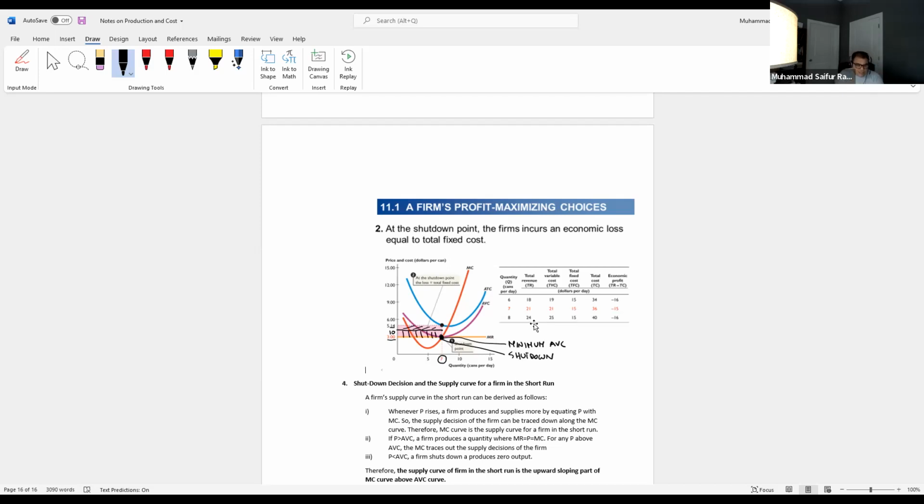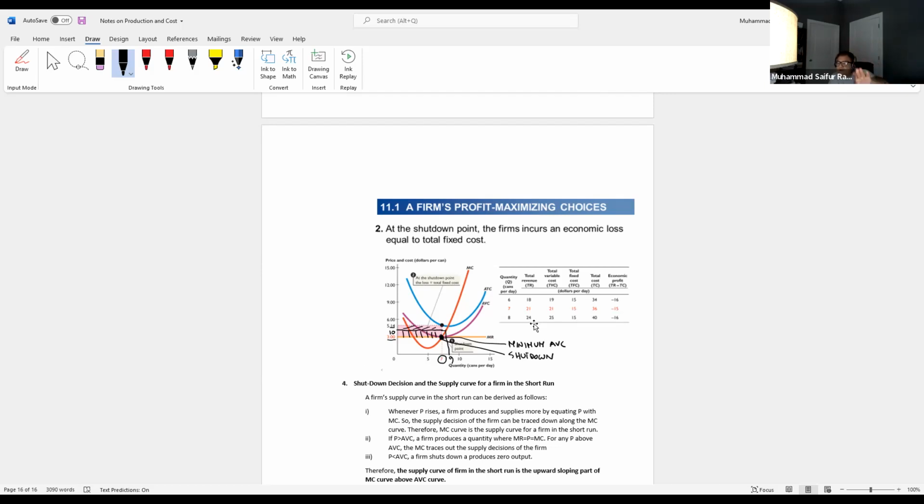Which means that if the firm produces at a price level of 10, which probably translates into an output level of, let's say, 9 units, the firm can cover its variable cost, and it might also cover a little bit of fixed cost that are not important.